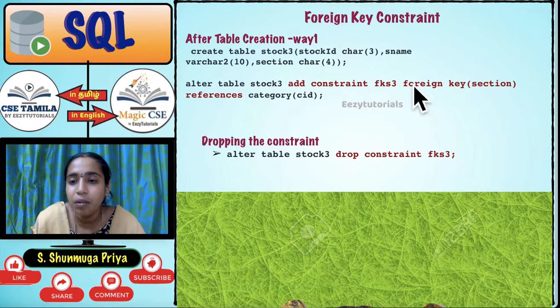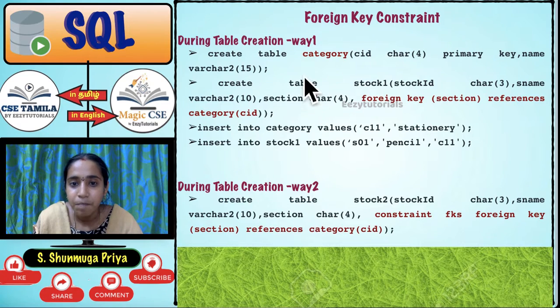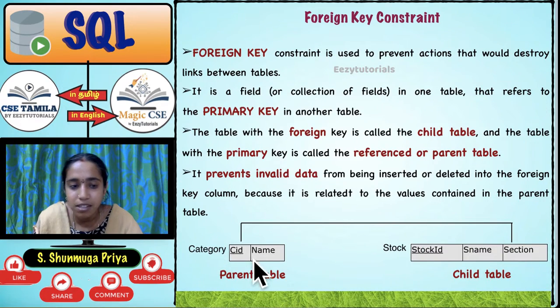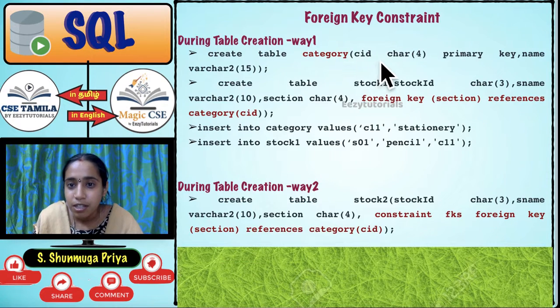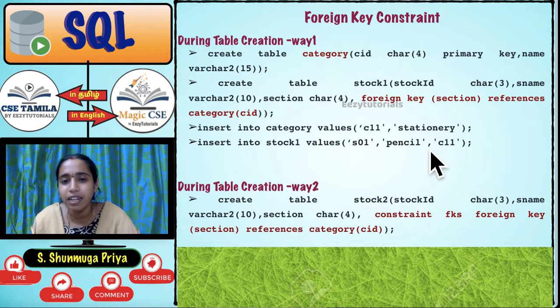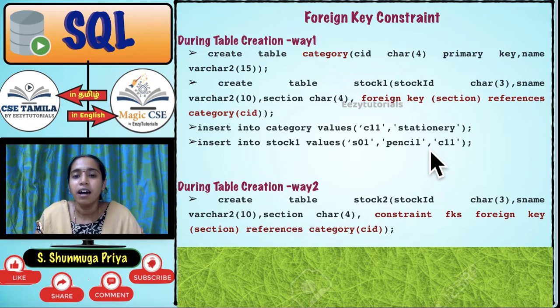And the other common error in foreign key constraints is that the data type should be similar. So you are connecting this section column and this CID column. Here CID is char of 4, section is also char of 4. If there is a little difference in size, you won't get any issues unless the record is mismatching.